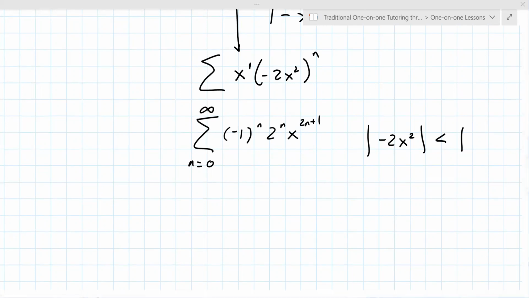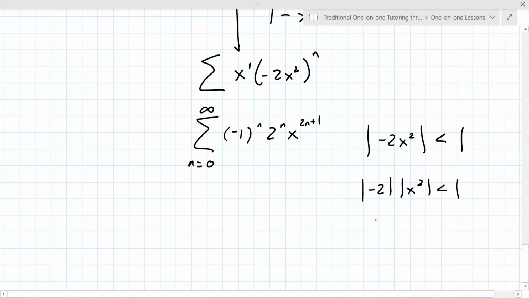Let me just double check that. Well, I'm not finding any examples, so we'll just go with this. So the absolute value of 2 times the absolute value of x squared is less than 1, so x squared has to be less than 1/2.